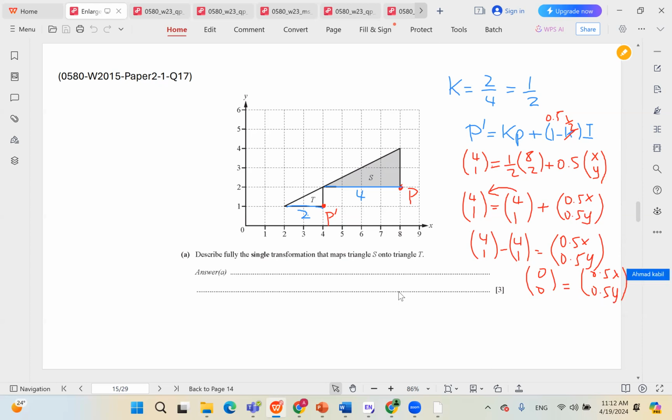So you can just multiply by 2 on both sides. So let's just multiply here by 2 and 2, just to be very thorough. 2 times 0 is 0, 2 times 0 is 0, and then here 2 times half x would be x, 2 times half y would be y. So x, y is basically 0, 0. So we're going to write enlargement.